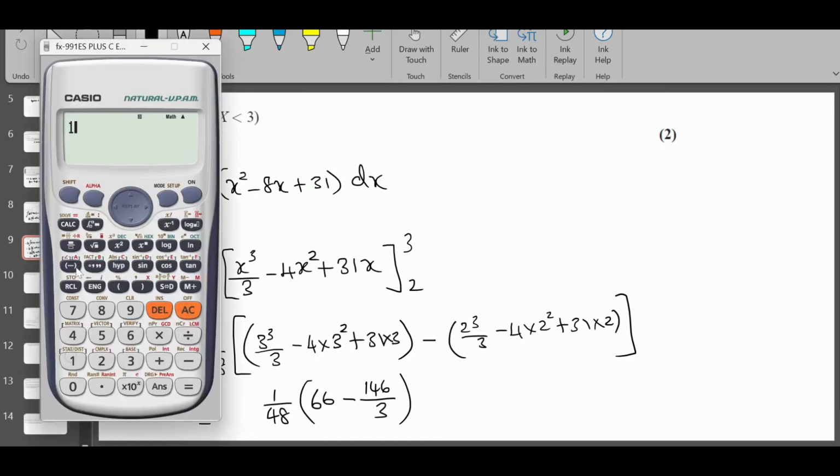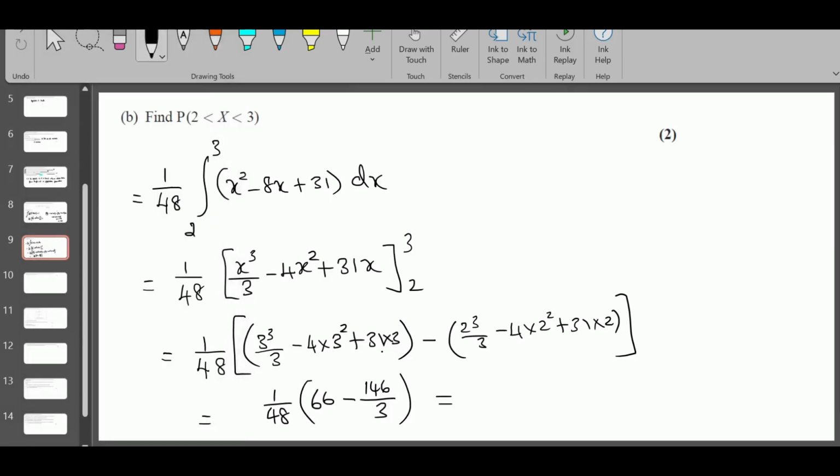So 1 over 48 times 66 minus 146 over 3. 13 over 36 is the answer. Just a 2-mark question.